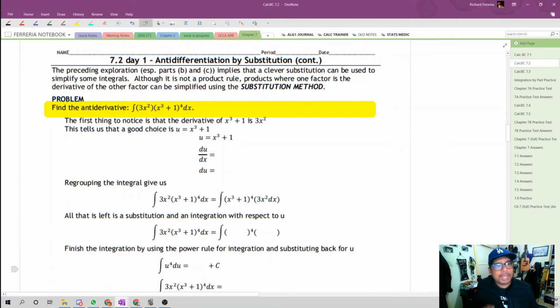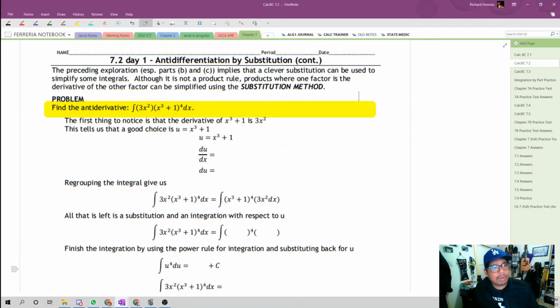So that preceding example implies that clever substitution can be used to simplify some integrals or make some integrals a nightmare. Now this isn't a product rule, but products where one factor is the derivative of the other can be simplified using something called the substitution method. So we're looking at this problem.